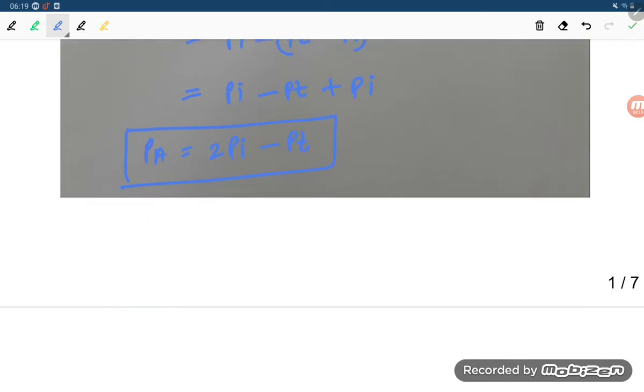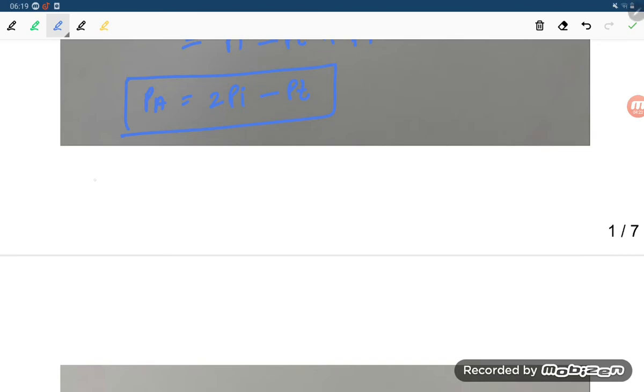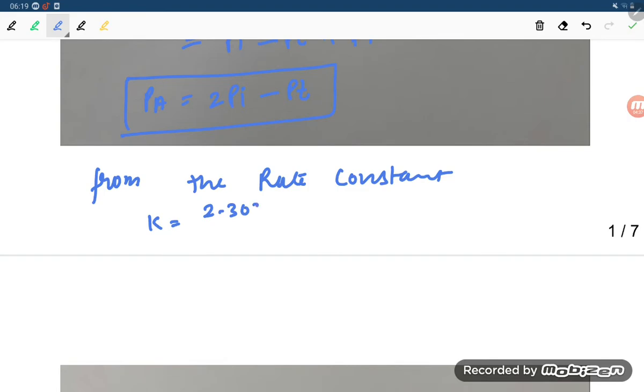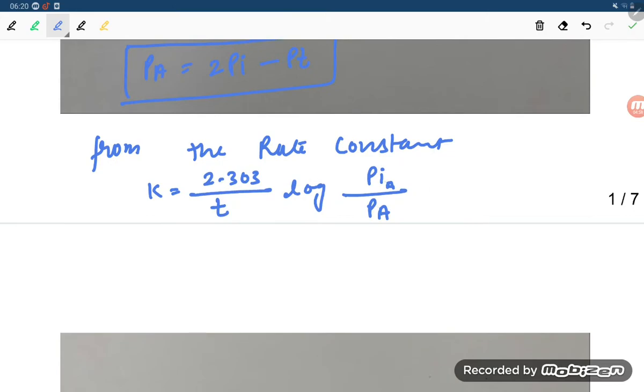Now from the rate constant, K is equal to 2.303 upon t log of P initial upon P final. Initial Pi upon PA, final, just like we wrote A naught upon A. Now put the value of PA and Pi. So K is equal to 2.303 upon t log Pi upon 2Pi minus Pt.